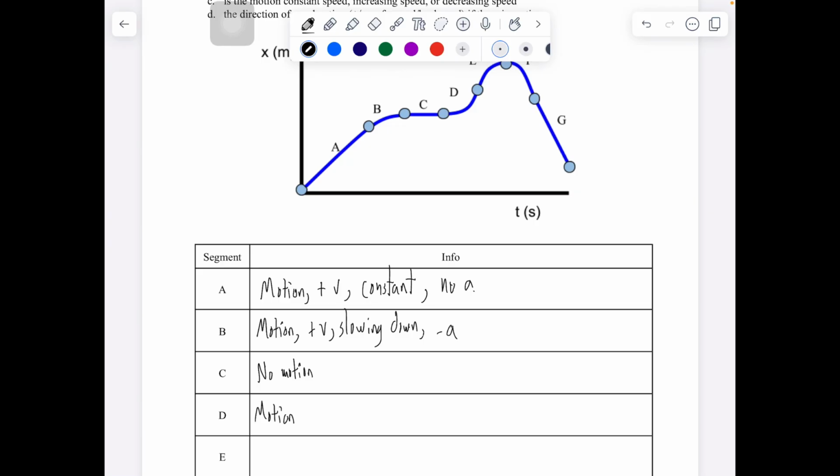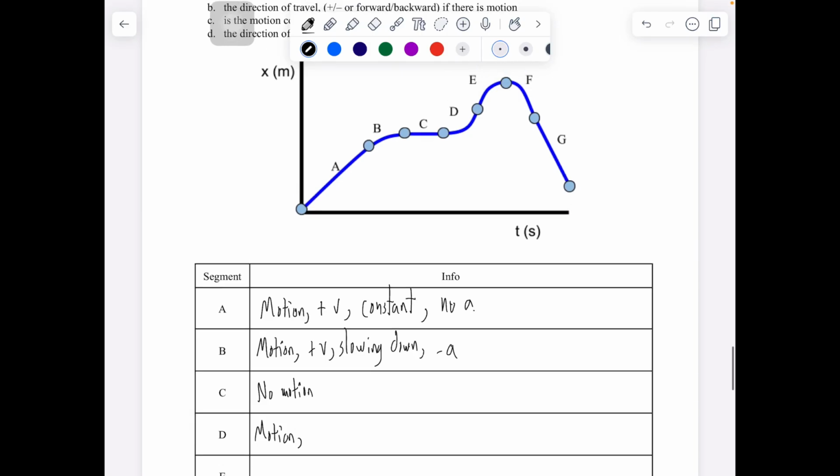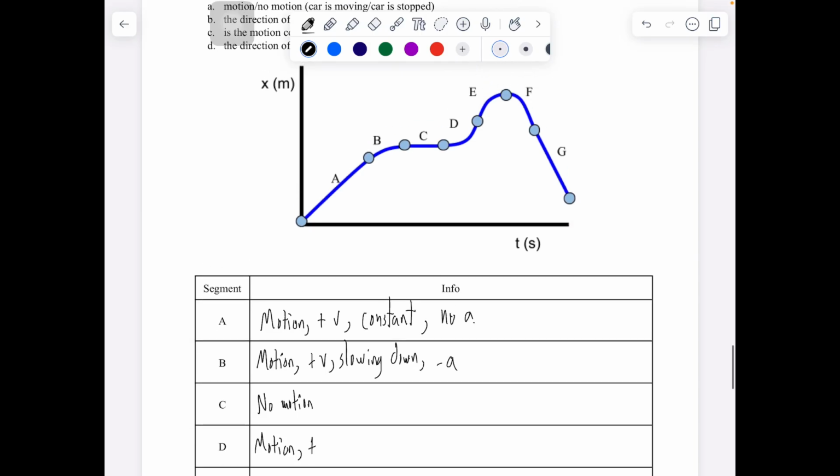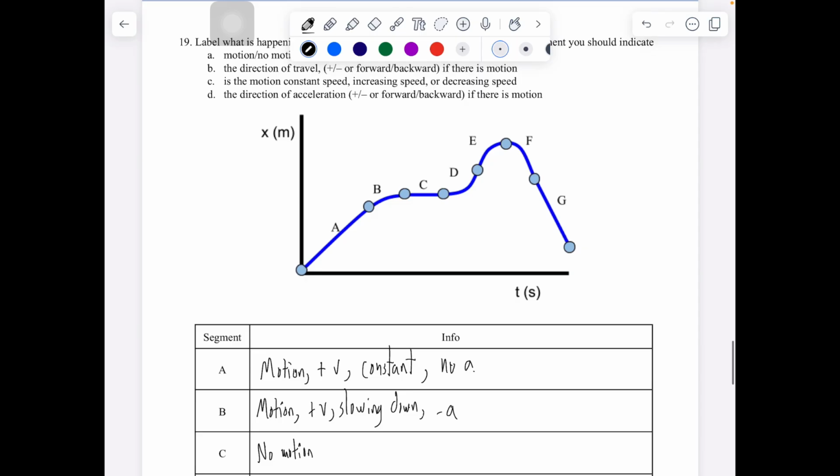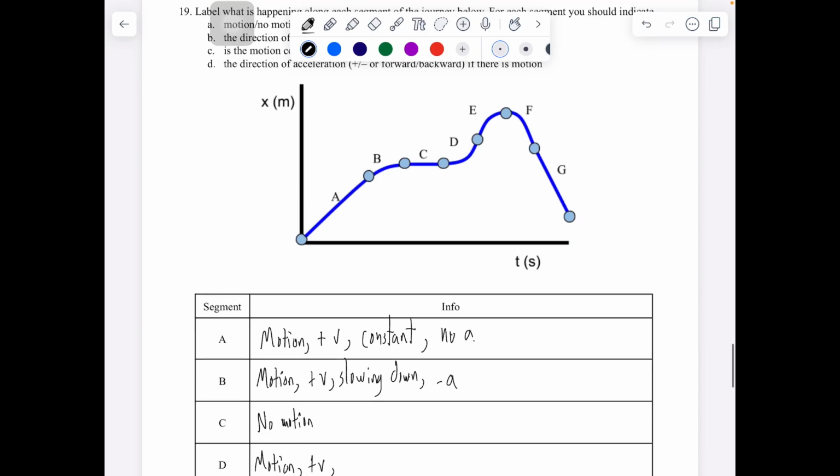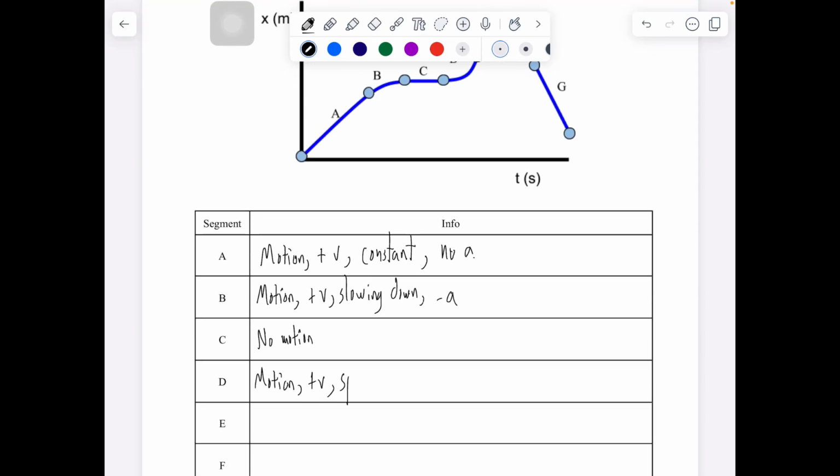There is motion. We have a positive velocity, we're moving forward. Since the line is getting steeper, we are speeding up. And we have a positive acceleration. Moving forward, speeding up means positive acceleration.